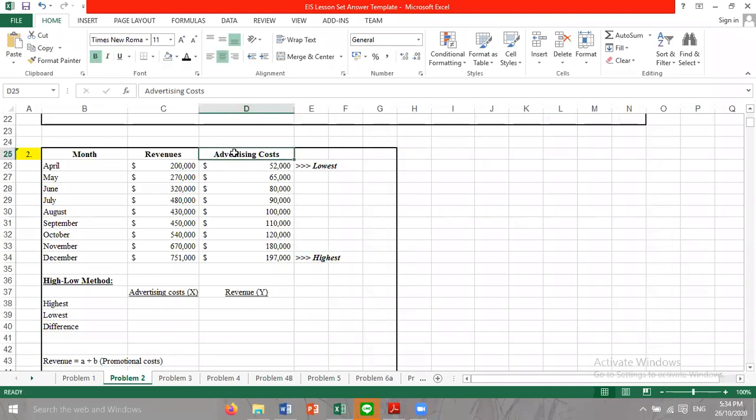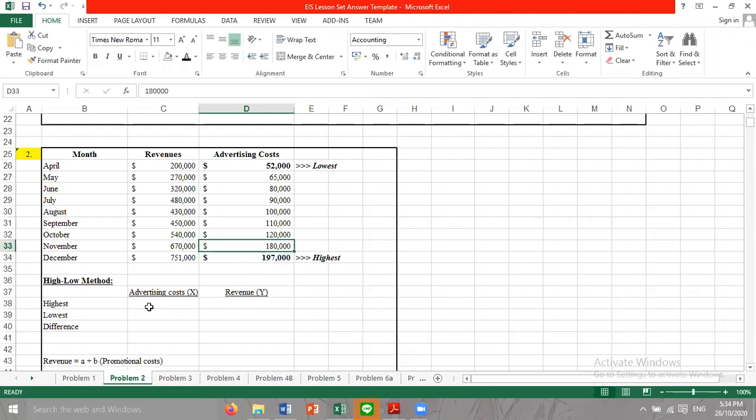In this case, the advertising or promotional cost with the lowest data is 52,000, so we mark this as the lowest. Whereas the highest would be at December, where the advertising cost is 197,000, so we mark that as the highest.